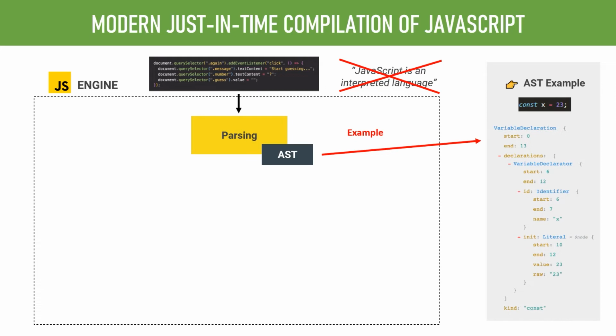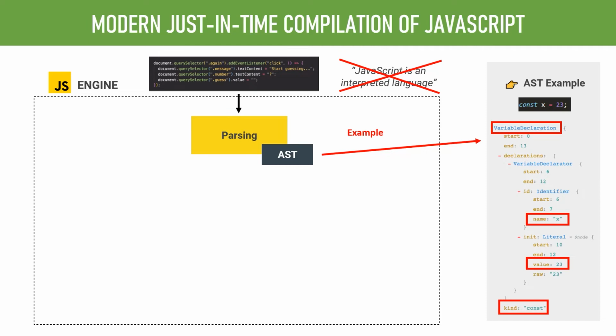Okay? So we have a variable declaration, which will be a constant with the name x and the value of 23. Okay? And besides that, there is a lot of other stuff here, as you can see. So just imagine what it would look like for a larger application.